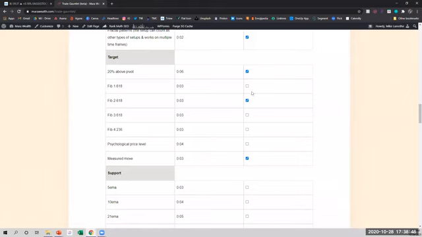So we have 3 layers of confluence. You're only going to have one Fibonacci extension level, never more than one. So we've got the Fib 2618. We've got 20 to 25%. Check that box. And we've got the measured move. It's a great target.